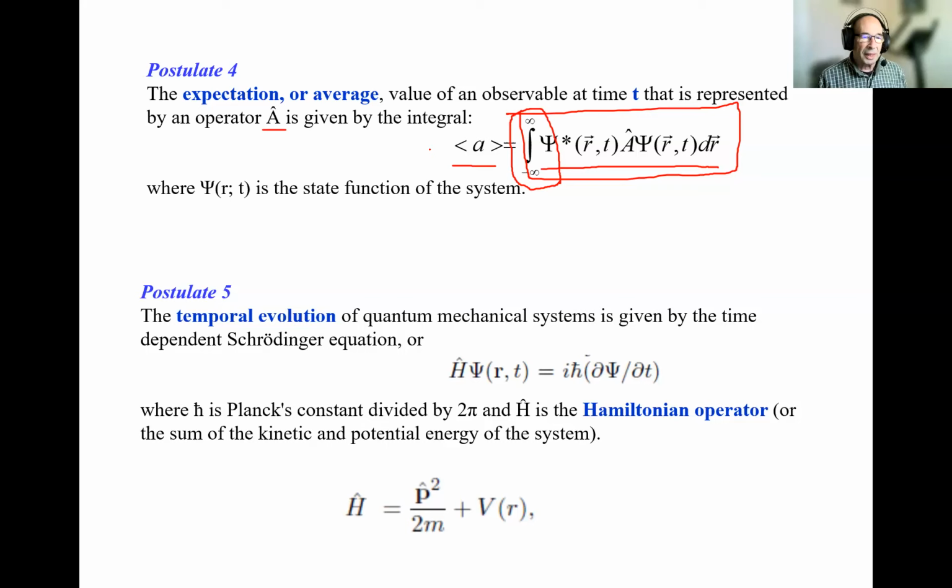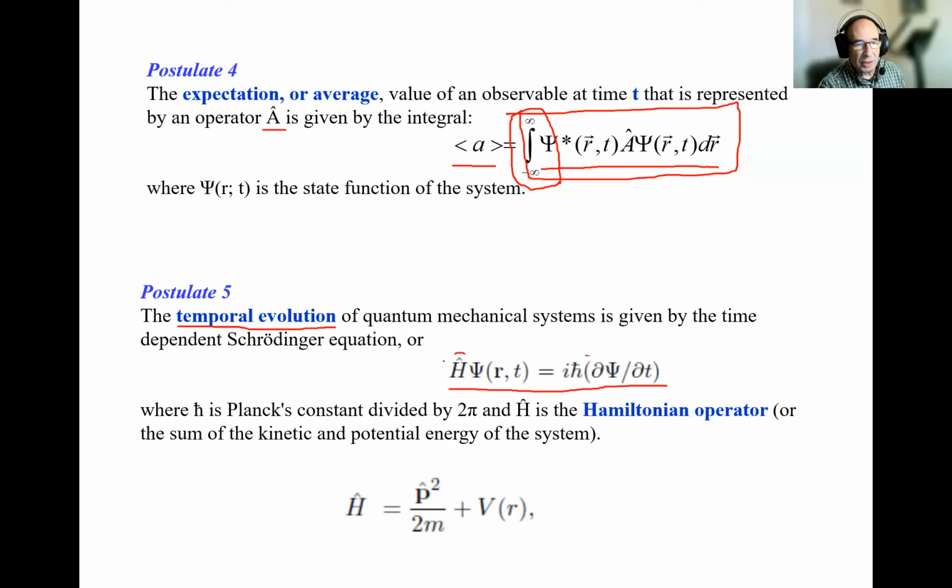And then we also have another postulate, which tells us what happens if things change in time, the temporal evolution, right? And so we say, okay, we are going to use this type of equation. This is the time-dependent Schrödinger equation, which also takes a derivative of our wave function over time.